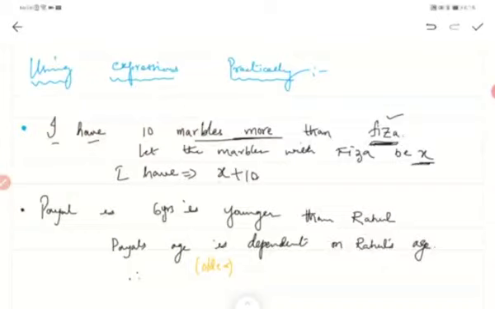Okay, so this x value can be anything. If Fiza has 5 marbles, then how many will I have? 10 more, that means 10 plus 5, 15. Suppose Fiza has 10 marbles, then 10 extra than Fiza's, that is 10 plus 10, I will have 20 marbles in total, isn't it? So if Fiza has 3 marbles, then how much will I have? 3 plus 10, that is 13 marbles I will have.